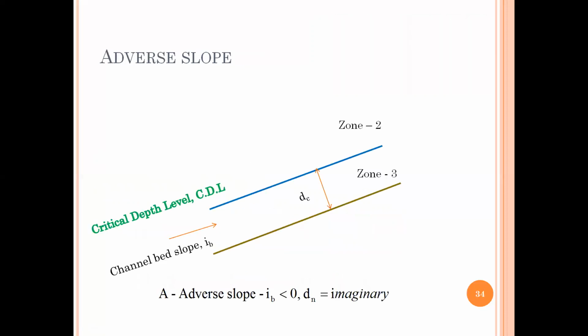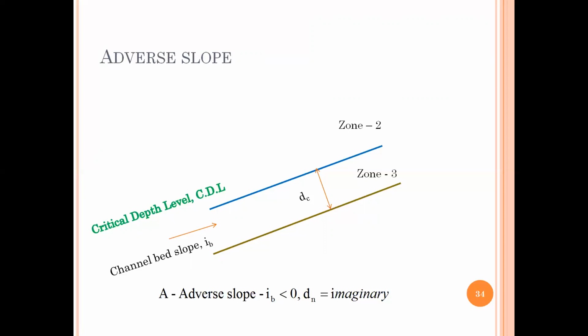And the final one, that is your adverse slope. So in adverse slope, my slope is like this, but the flow is in the reverse direction. Okay, remember, whenever we see a slope like this, we expect that the flow will go down. No, the flow is in the opposite direction. So that's why your slope is negative and dn is imaginary. So since dn is imaginary, I can only define my critical depth.